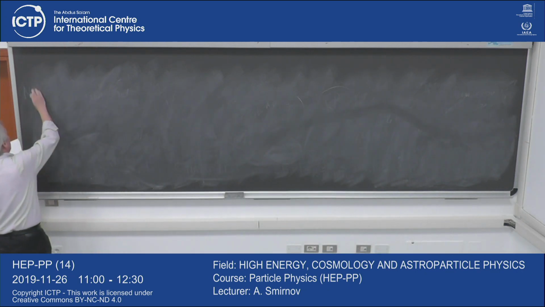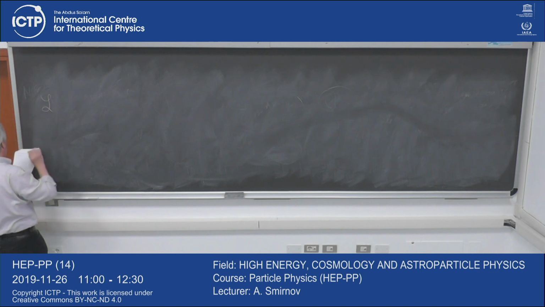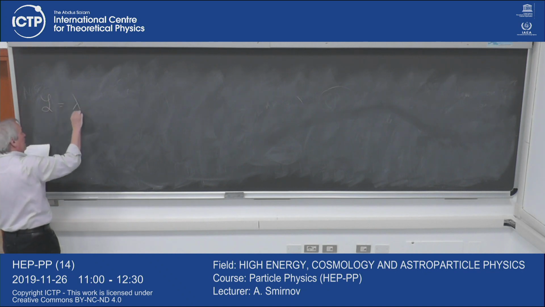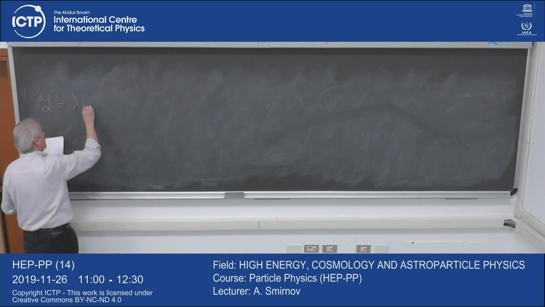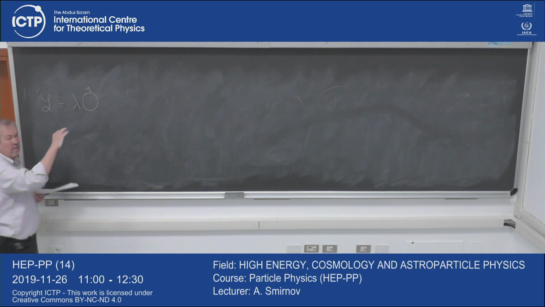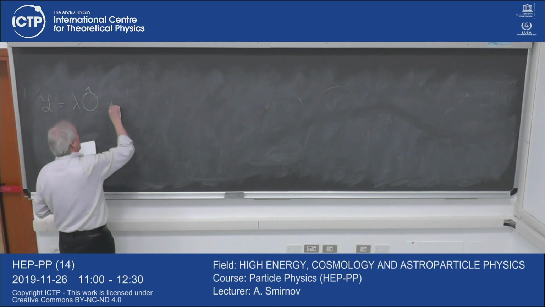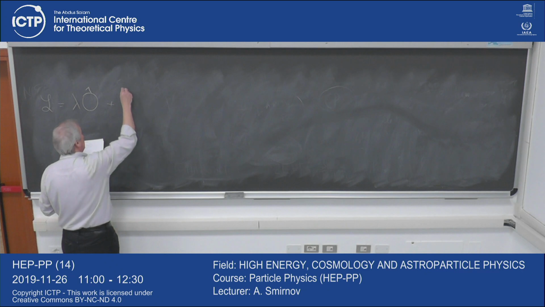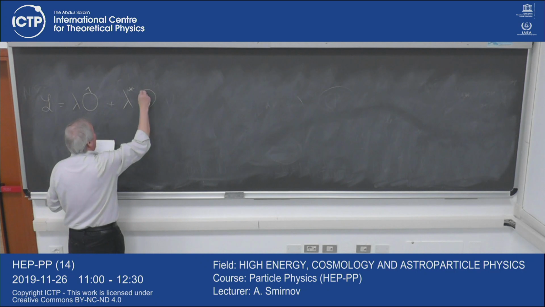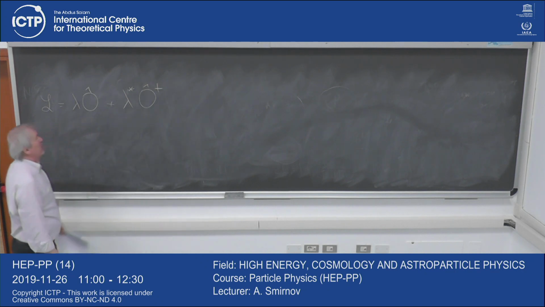So suppose we have a Lagrangian which has the form lambda, with some coupling constant, times an operator O, which is made of operators of particles. It can be a product of 4 particles, like in our Hamiltonian, where we have 4-fermion interactions, right? But this is in general. Plus you have the Hermitian conjugate, which is lambda conjugate times O dagger.